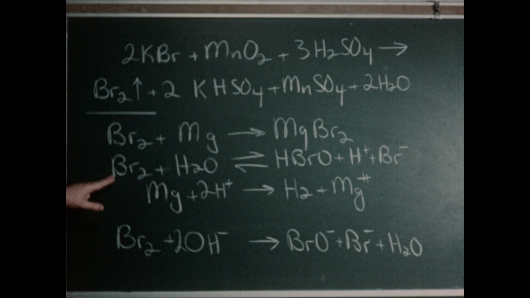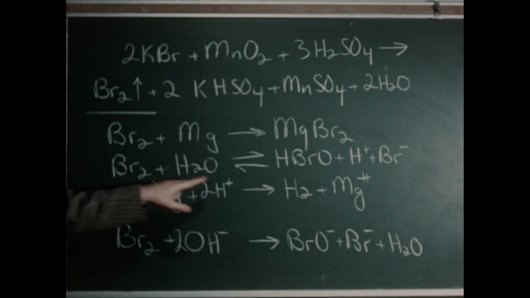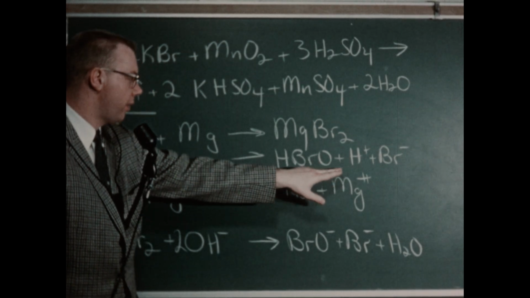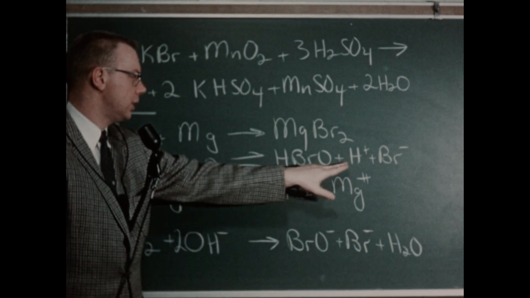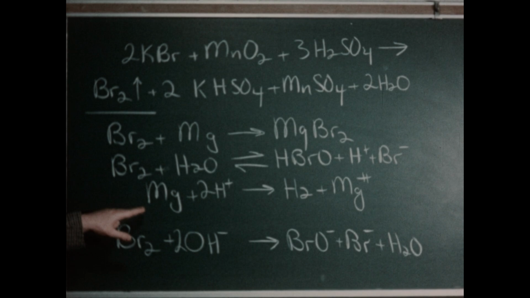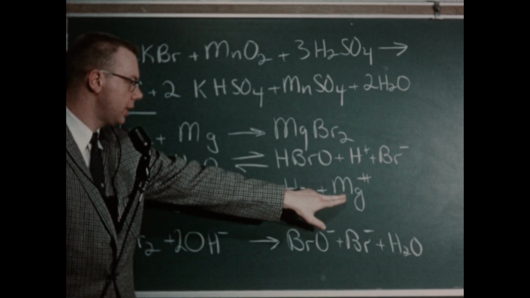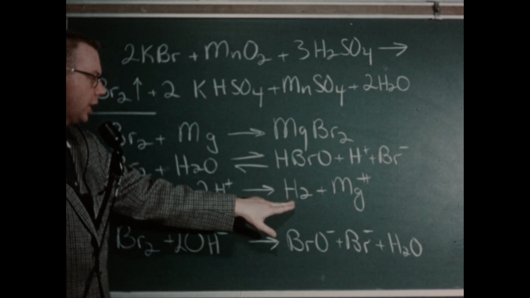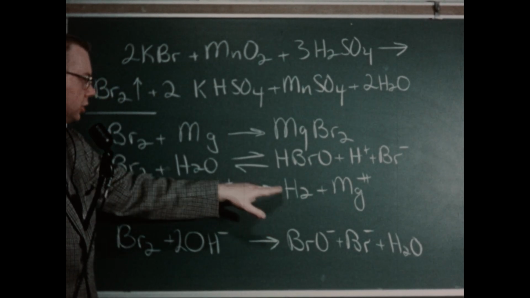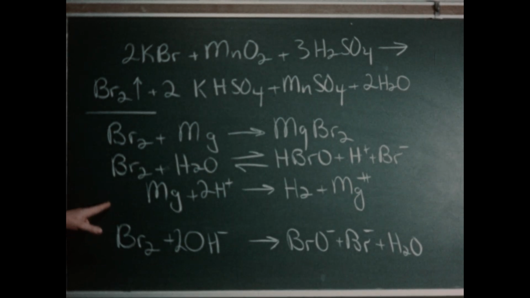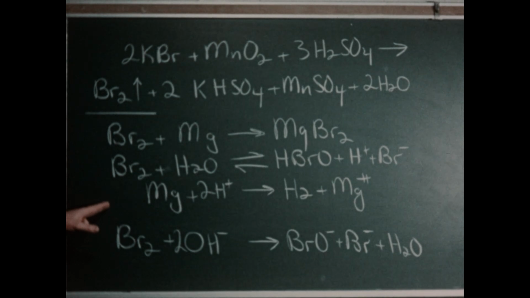However, the bromine also reacts with the water, forming hypobromous acid and hydrobromic acid. And the hydrogen ions from the ionizations of these acids react with the magnesium, producing hydrogen and magnesium ions. And you saw this hydrogen bubbling from the solution. So all of these reactions were taking place simultaneously when magnesium was placed in bromine water.